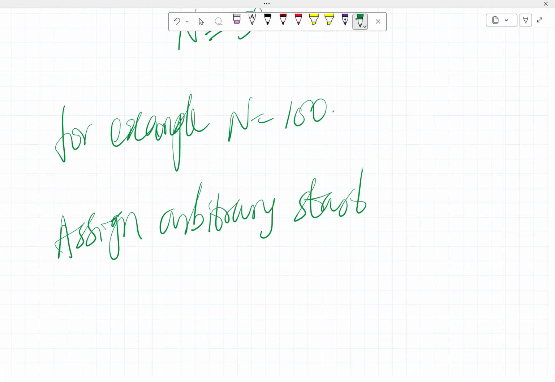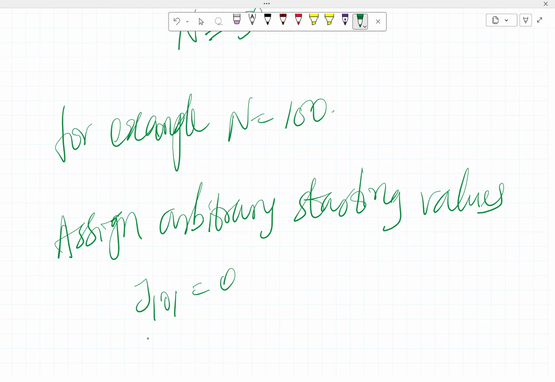Say J101 is equal to 0, and J100 is equal to 1.